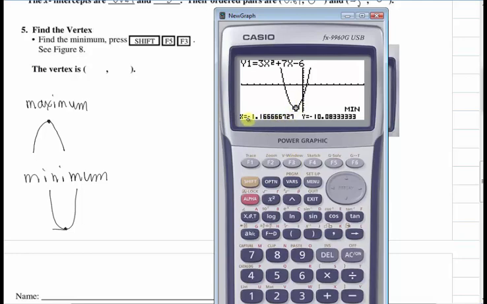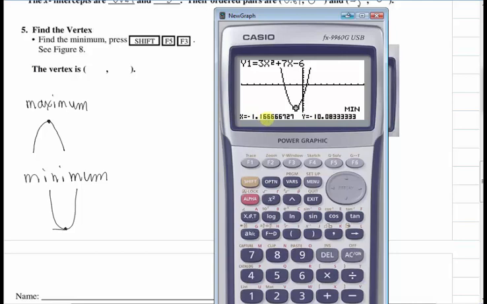Okay, you have a vertex which is at -1.17 and -10.08. So this information tells you that the lowest point on your parabola happens when y is equal to -10.08. When y is -10.08, x is -1.17.